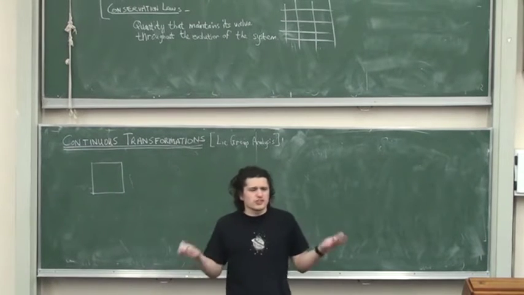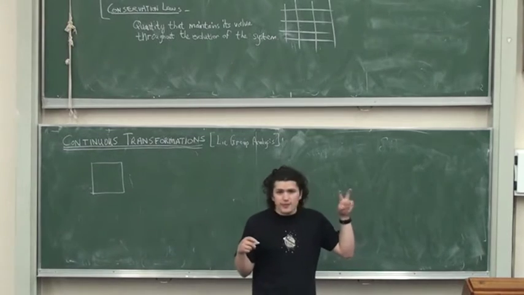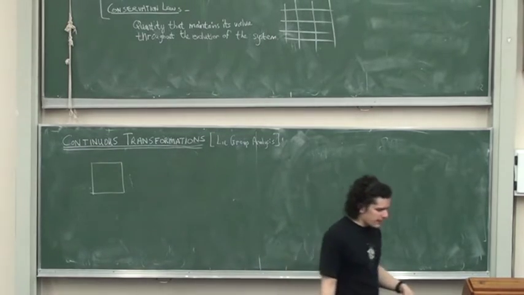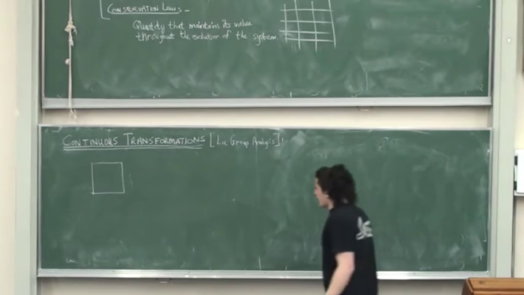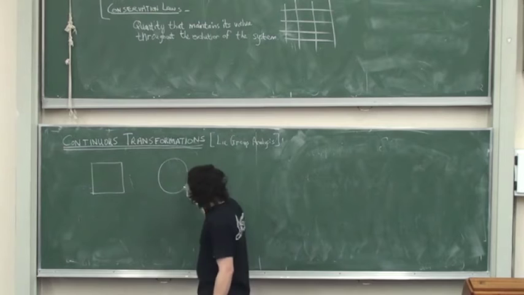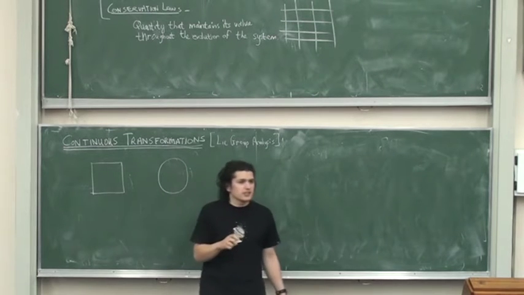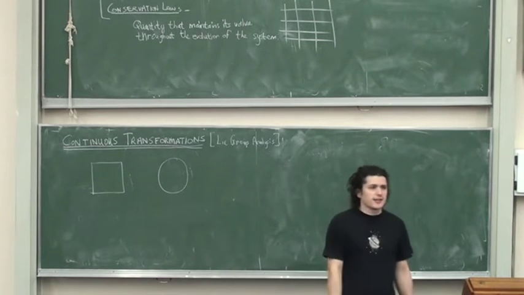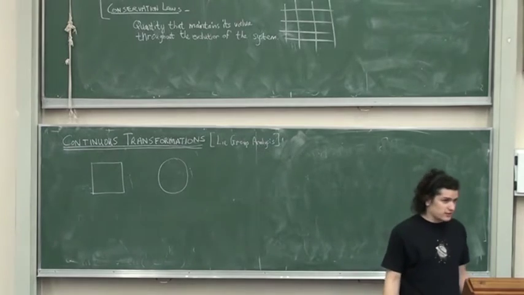Remember, I'm going to speak of the two interchangeably because the idea of doing something is transforming my space. On the other hand, a circle has continuous symmetries because no matter how small my rotation, the circle will be symmetric under those tiny rotations.